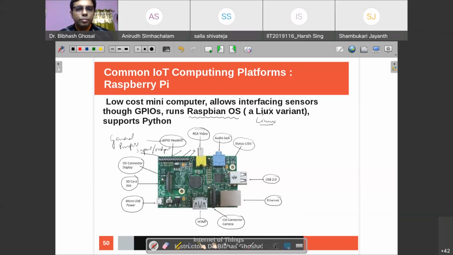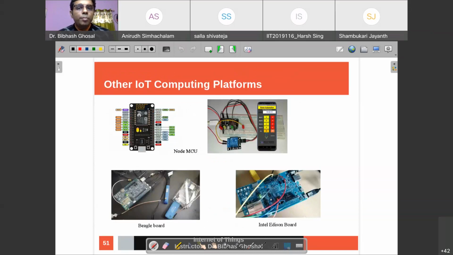There are other computing platforms also available, and there are a number of projects on the internet using different kinds of platforms. One very commonly used platform is NodeMCU. It's also a very low cost computing platform. As you see, it has a lot of interfaces provided, and also has a sufficiently strong microcontroller inside.